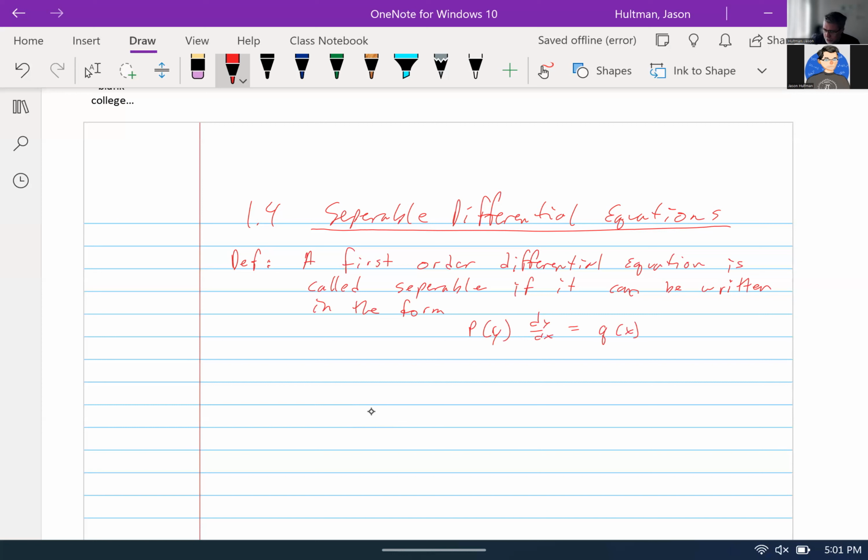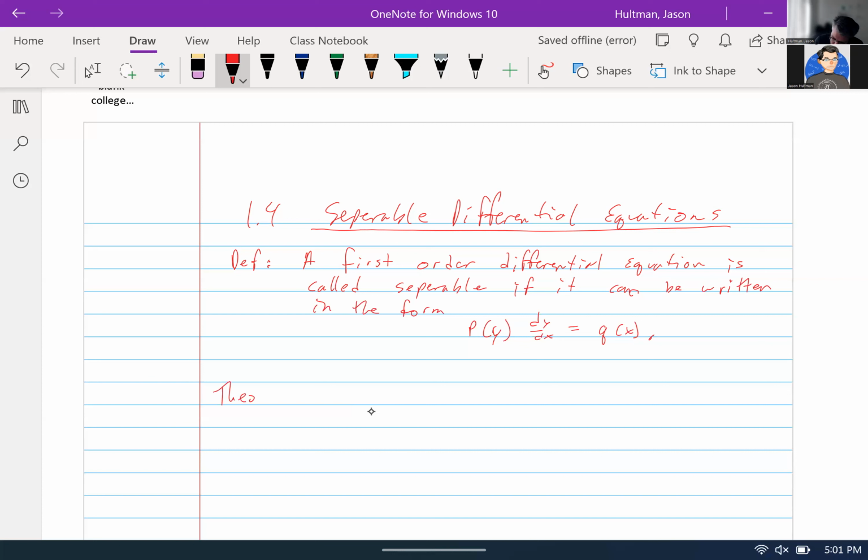So we have some function of y times the first derivative, y prime, is equal to some function of x. If we can write it in this form, it's called separable. We get all the y's on one side, we get all the x's on the other side.